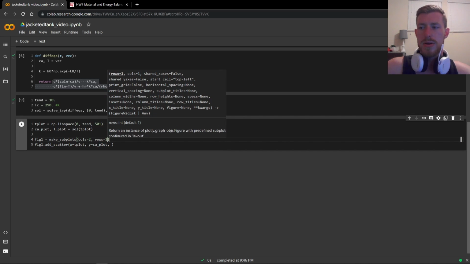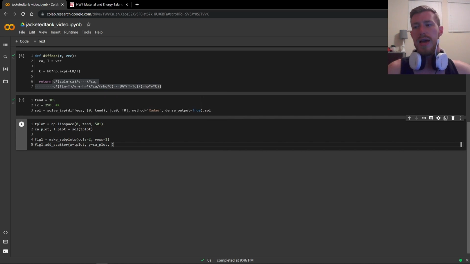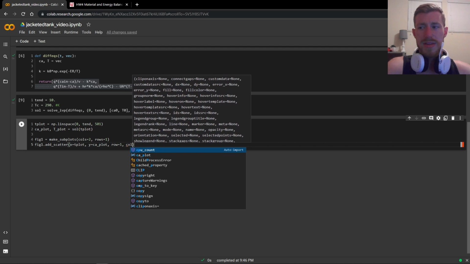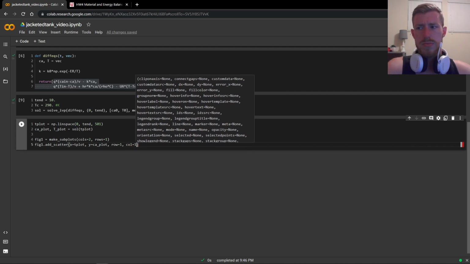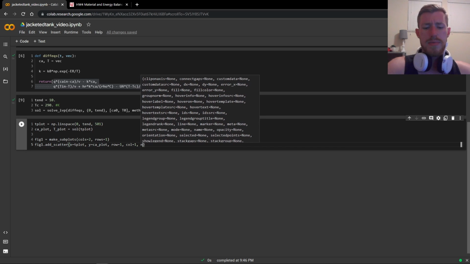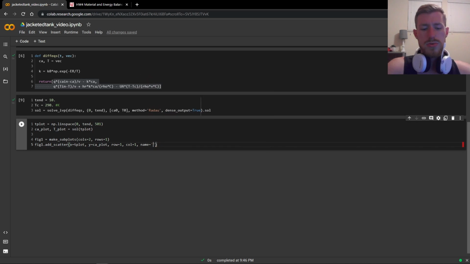I think that would be good. Since they're both in row 1, this one is just going to be row equal to 1. Column, I think it's abbreviated to col, is equal to 1 because we want the concentration to be on the left.